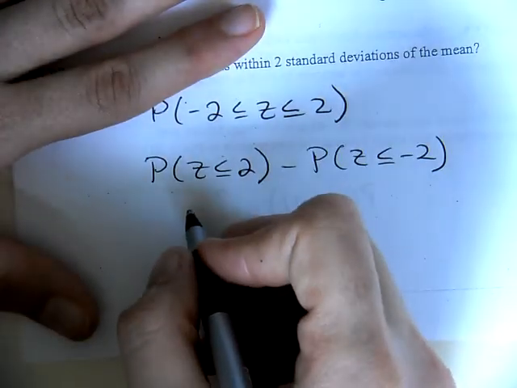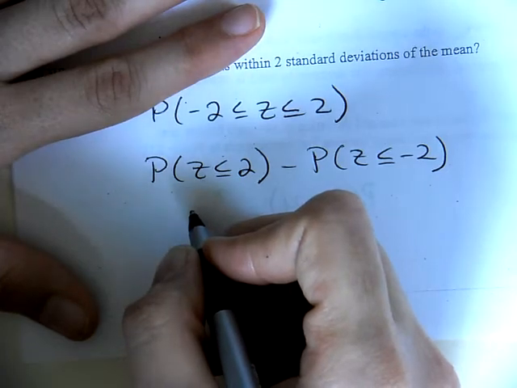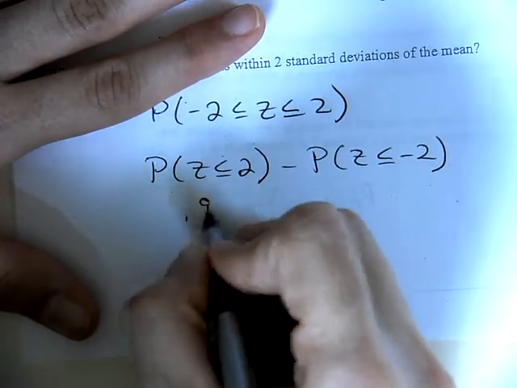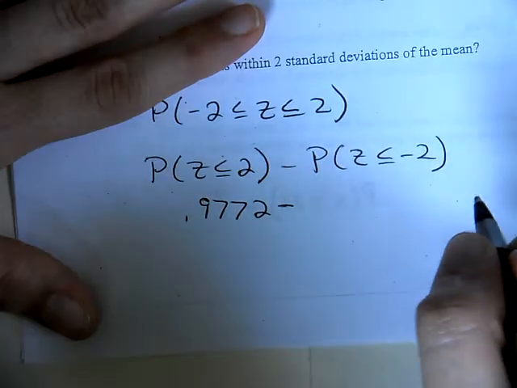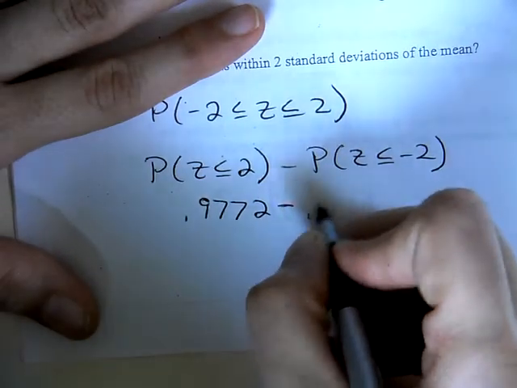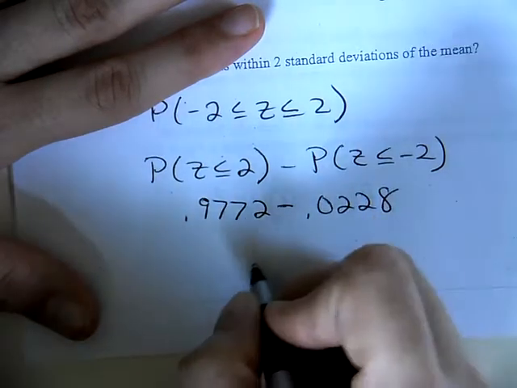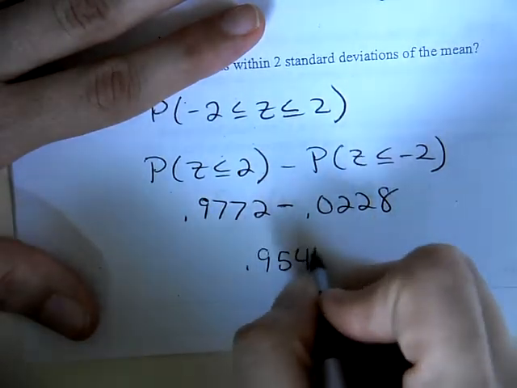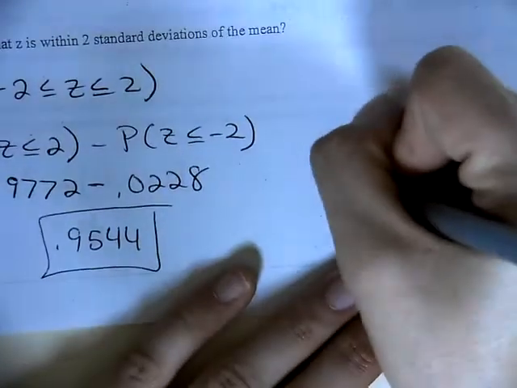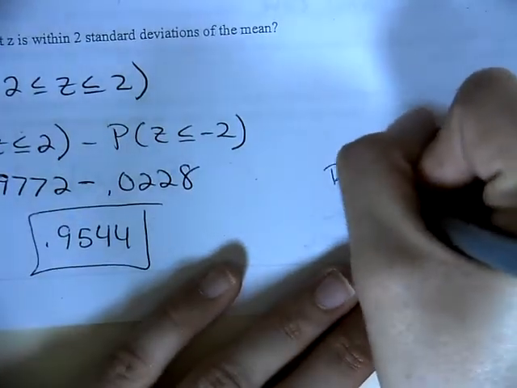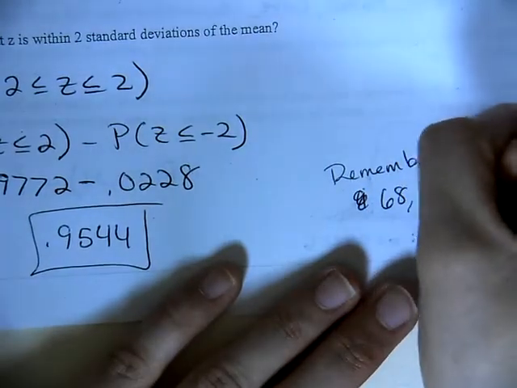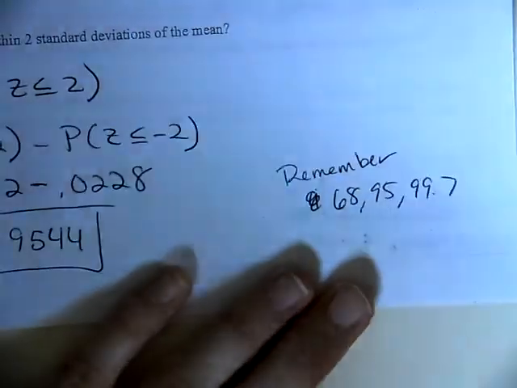Positive 2, I'm looking at 2.00, is 0.9772. Negative 2, again looking at negative 2.00, is 0.0228, so 0.9544.